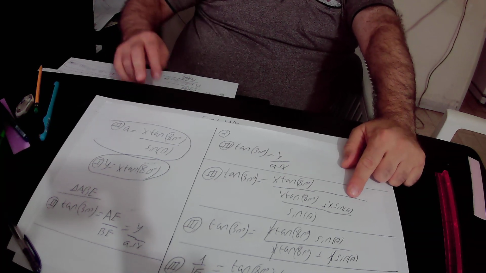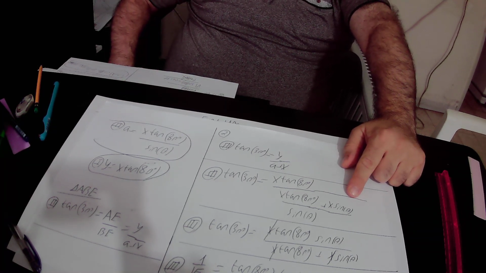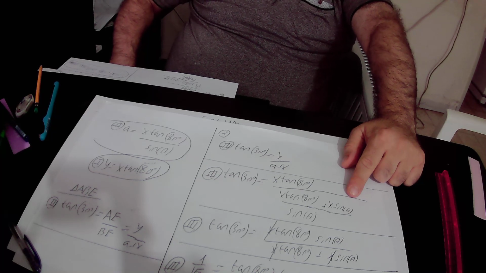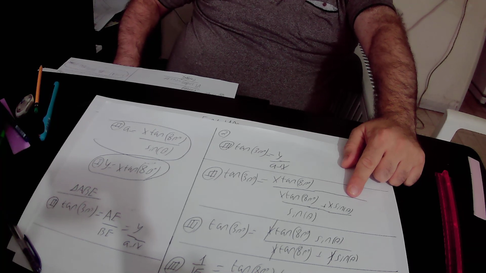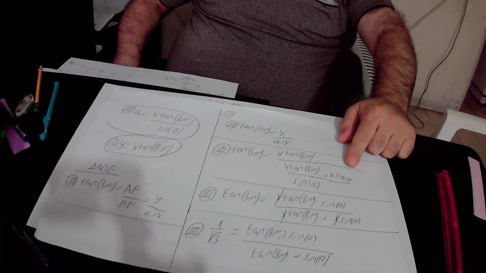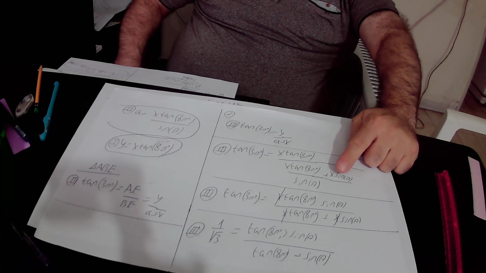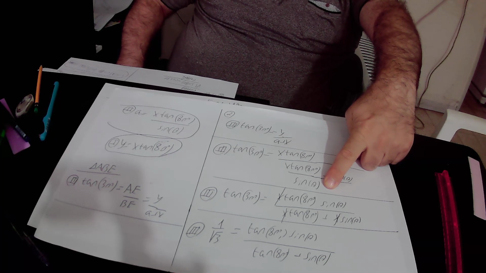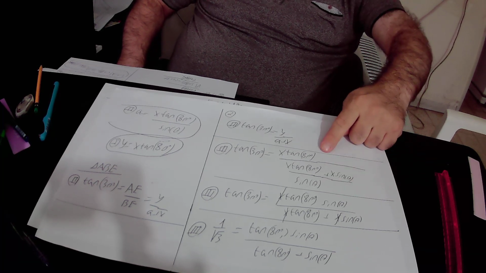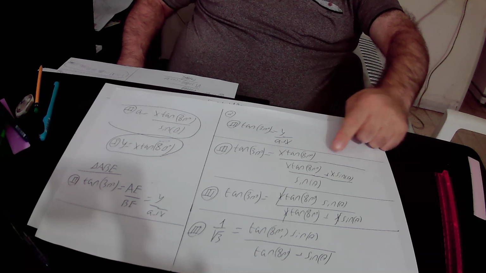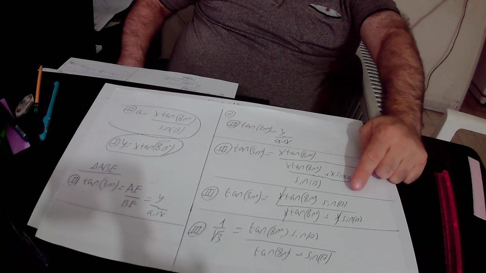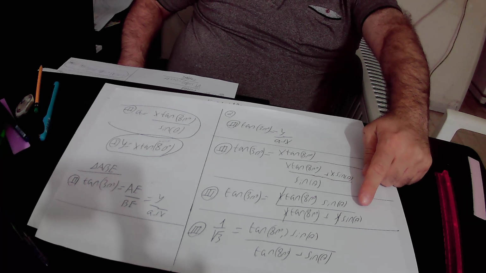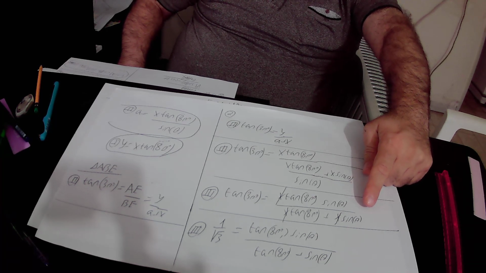Plus X, we multiplied X by sine theta and then divided by sine theta, so we changed nothing. Here we have sine theta in the denominator, so we moved sine theta from the denominator to the numerator, and we got tangent 30 degrees equals X tangent 80 degrees times sine theta over X times tangent 80 degrees plus X times sine theta.